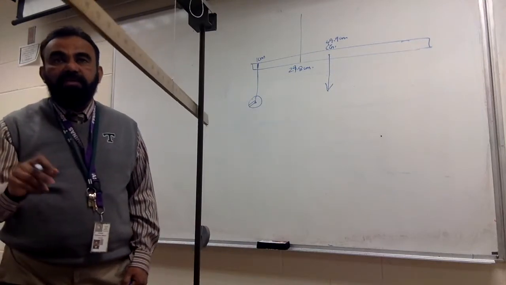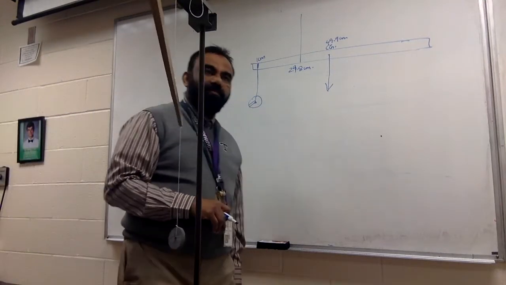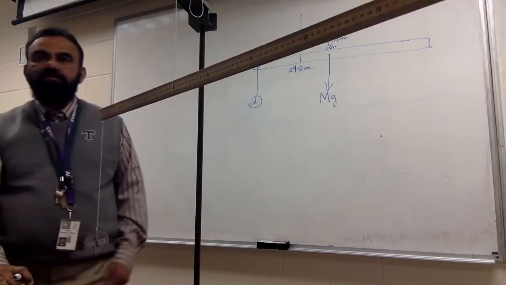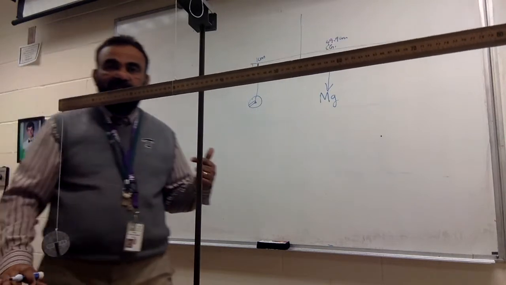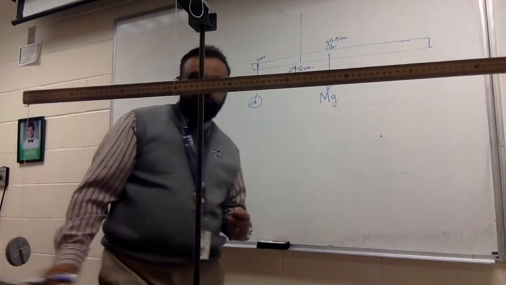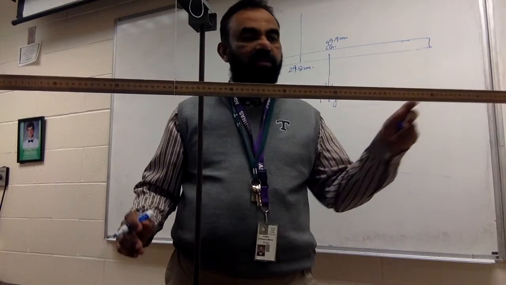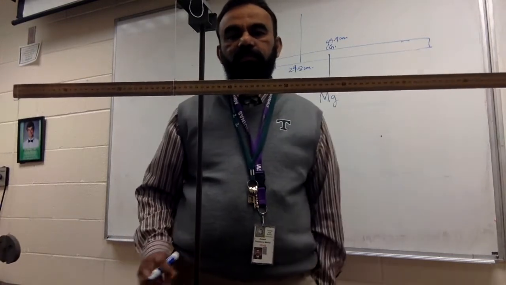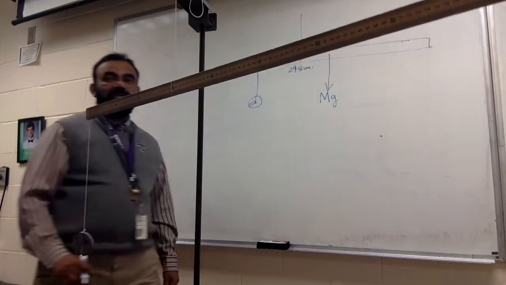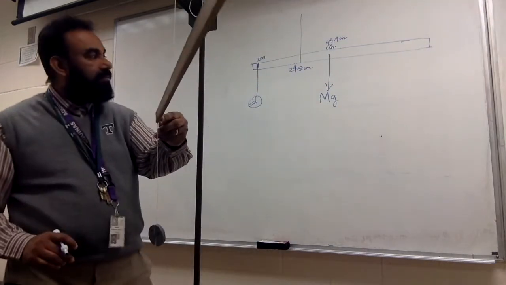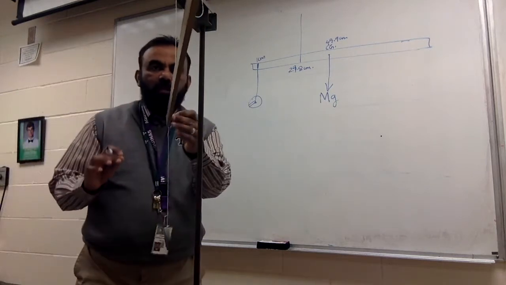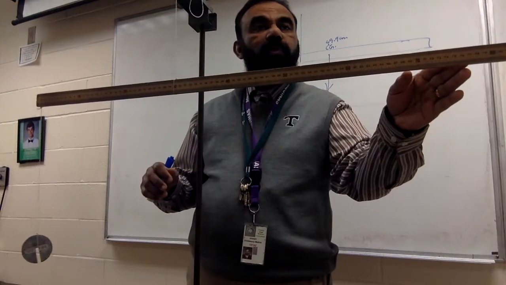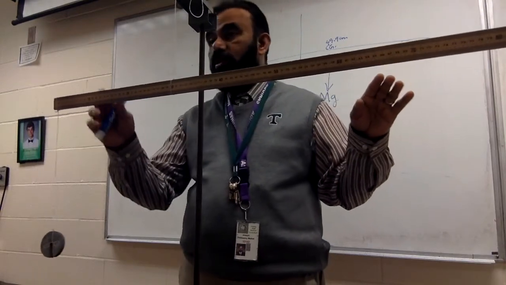The weight of the meter stick is mg, mass times gravity. Now tell me, how is this in equilibrium? I told you what equilibrium is. Equilibrium is when the total torque is 0.